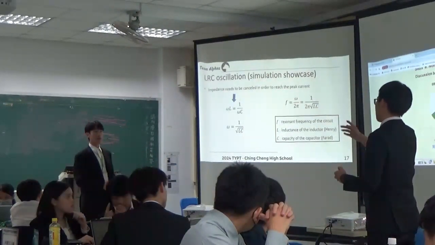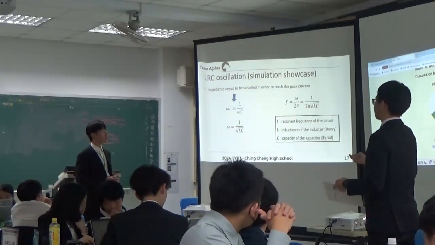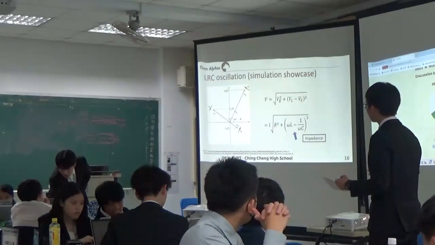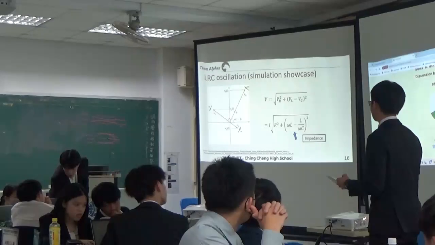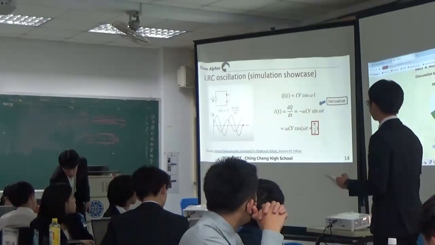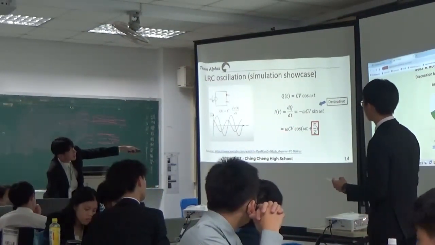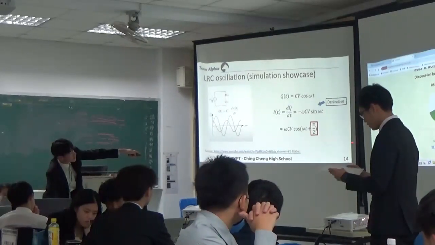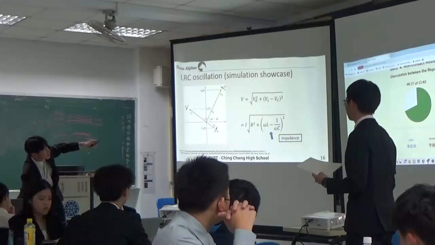I'm interested in how you get these formulas. Do you have any equation for it? From the current, here is the capacitor's current, listed like this, and the equation of the inductor.